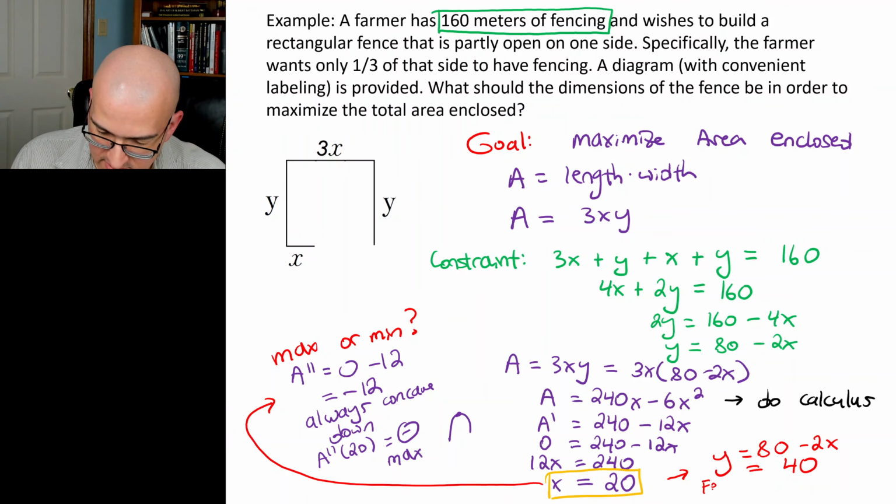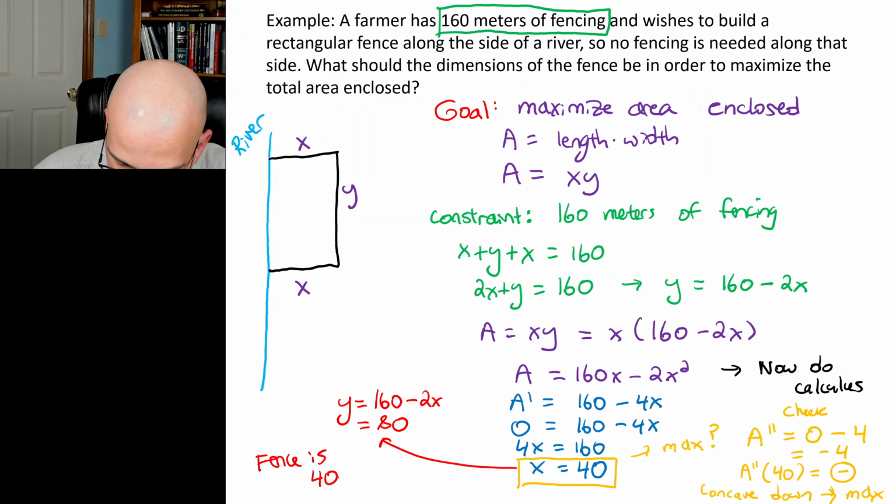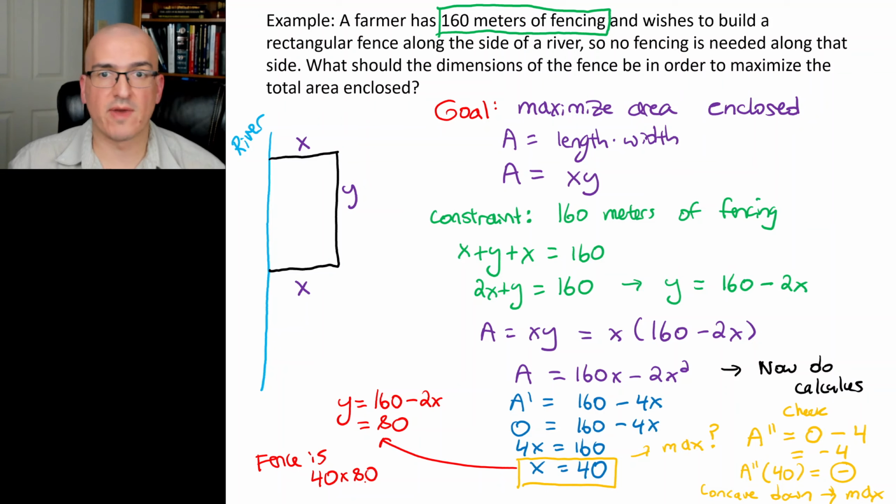So the fence is 60 by 40. 60 because the top is 3x, and 40 with the part going up and down, the y value is equal to 40. The first fence is 40 by 80. It should be consistent: x by the y value.